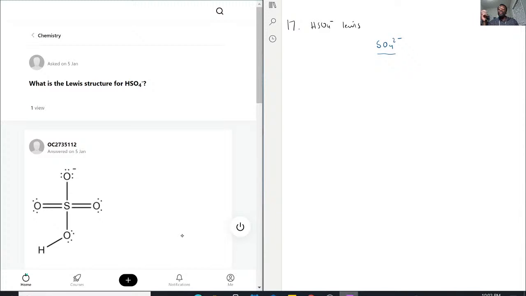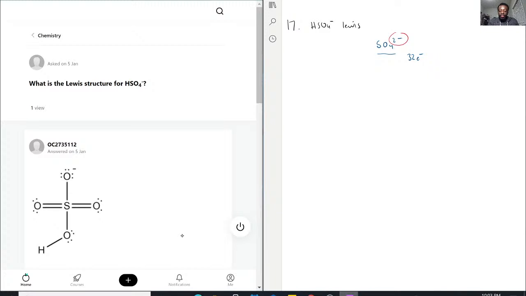I will show you why that happens by first drawing the Lewis structure of a sulfate anion, okay? So sulfur and oxygen are both on the 16th column, so that's 6 electrons, so that'd be 6 times 5, that's 30, and then plus that 2, because there's 2 more based on this here, it's going to be 32 electrons we're working with, okay?